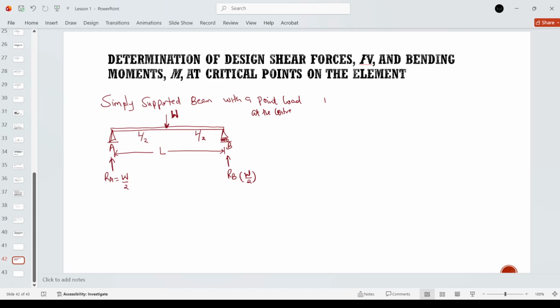Let's bring it here. So we have our free body diagram here. I think I had a ruler. So if we draw a free body diagram, we have A with W over 2, then we have W over 2, then we have W. These are the free body diagram.